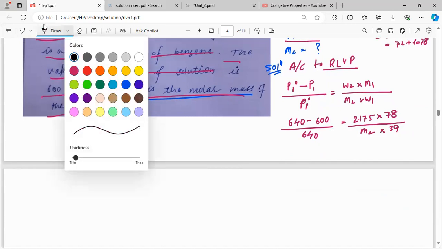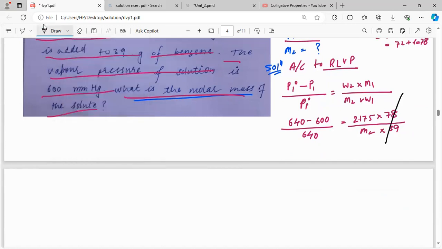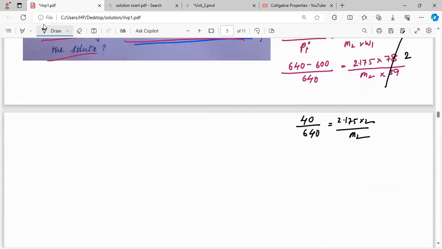Now next one you see. Something is very clearly divisible here. If you are dividing, it is getting divided 2 times. And if you subtract here, it is coming 40 upon 640 equal to 2.175 multiplied by 2 upon M2. So M2 is equal to 2.175 multiplied by 2 multiplied by 640 divided by 40 only.